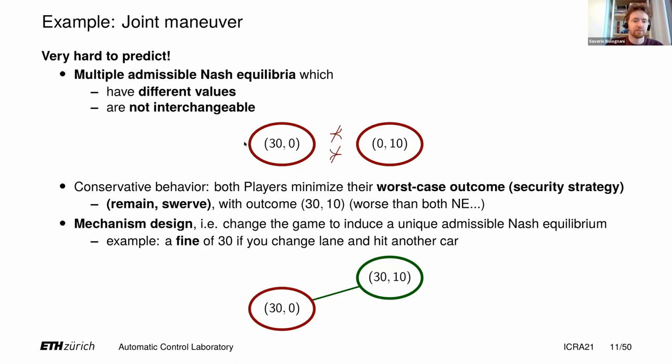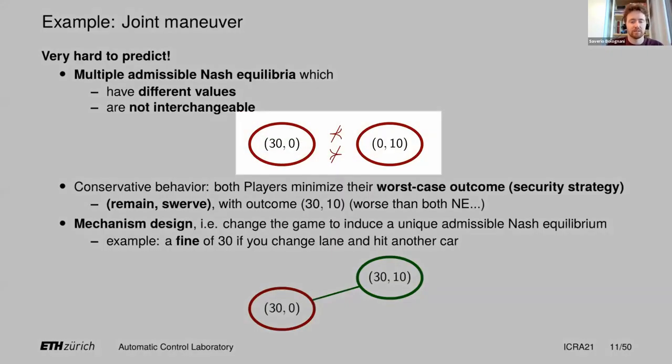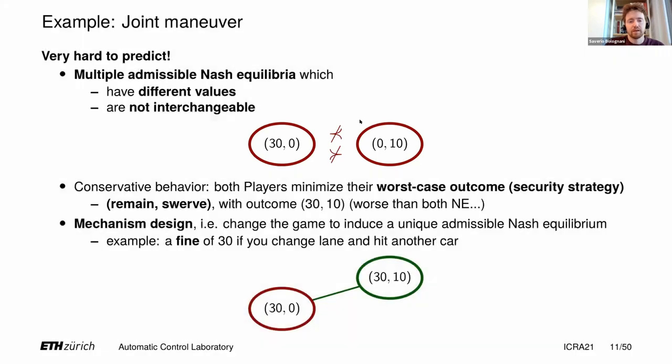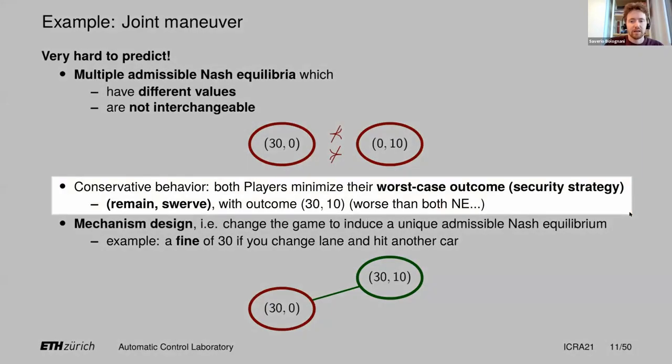Unfortunately, in the case I presented before, we have multiple admissible Nash equilibria which have different values, are not interchangeable, and in the case of the deer on the road, they were also not comparable. So they are both admissible by definition. As I said, this is a simple example, but it contains one of the key observations that in a way also motivated us to prepare this tutorial.